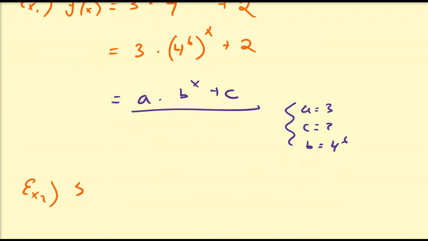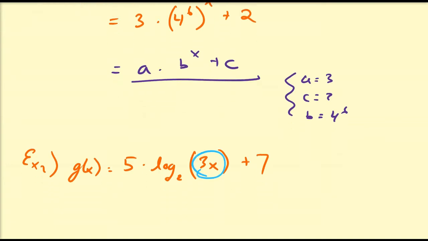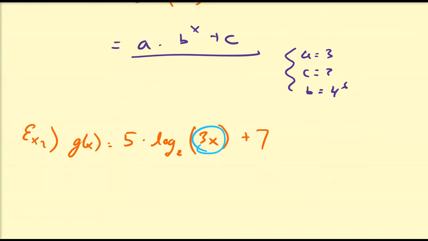So let's assume we have the function g of x equal to 5 times the logarithm base 2 of 3x plus 7. Let's see if we can transform this so that we only have an x on the interior of our logarithm. We can rewrite this using one of our properties of logarithms. Remember that the log of the product is the same as the sum of the logs.